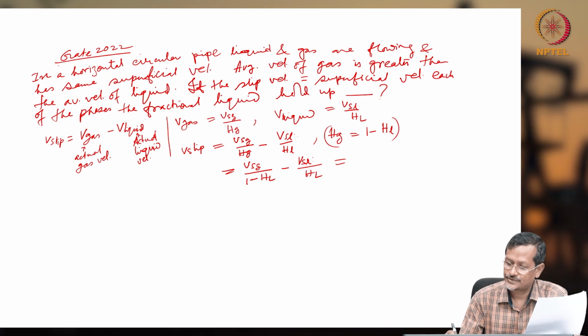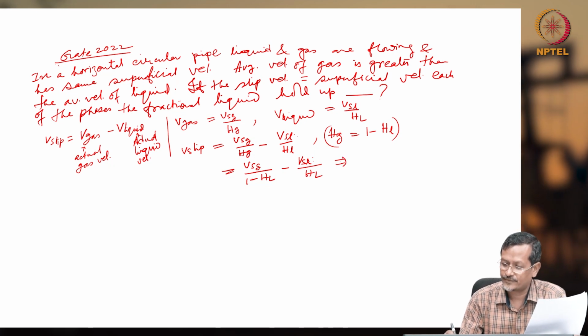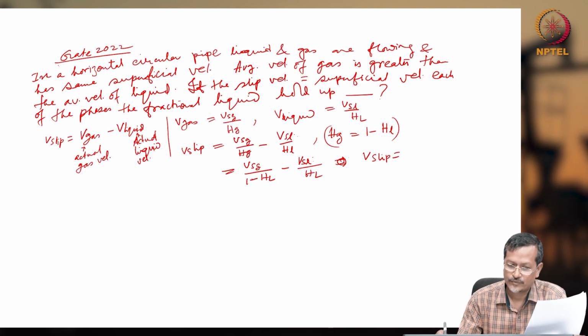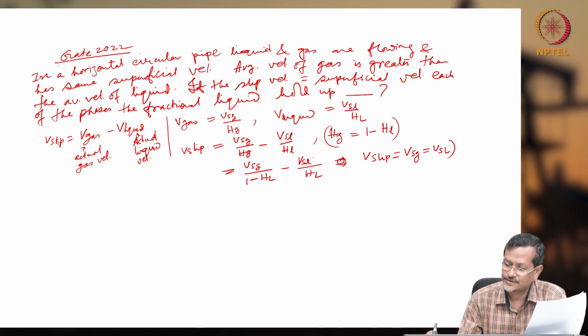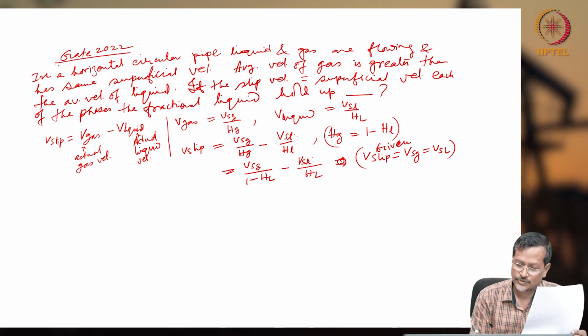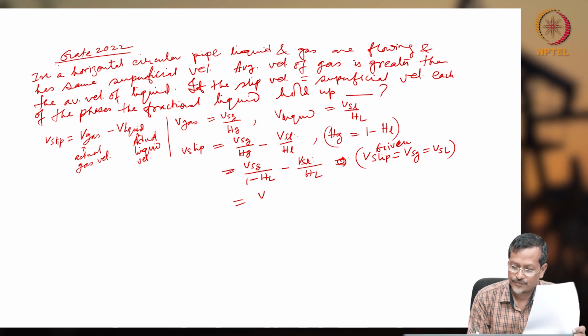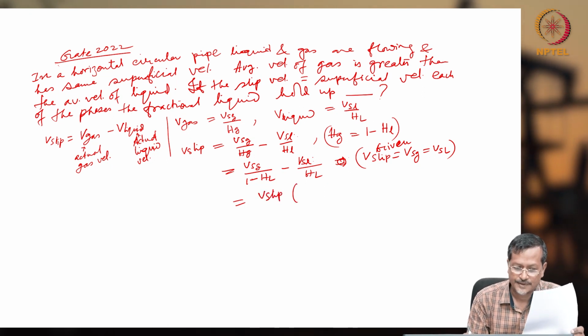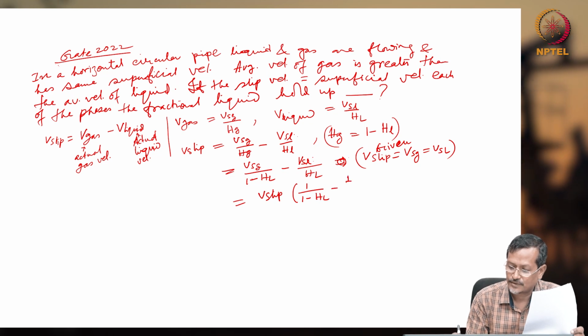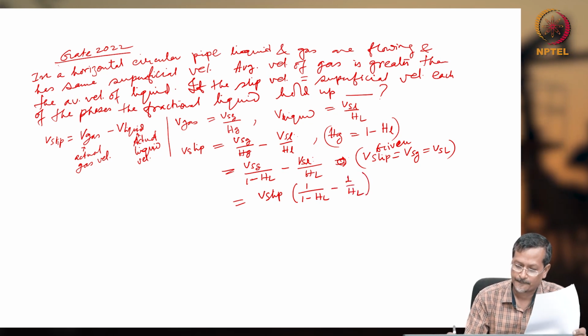Now VSG, okay, VSG is given. V slip equals VSG equals VSL. This is given in the problem. So it becomes V slip, 1 by 1 minus HL minus 1 by HL.